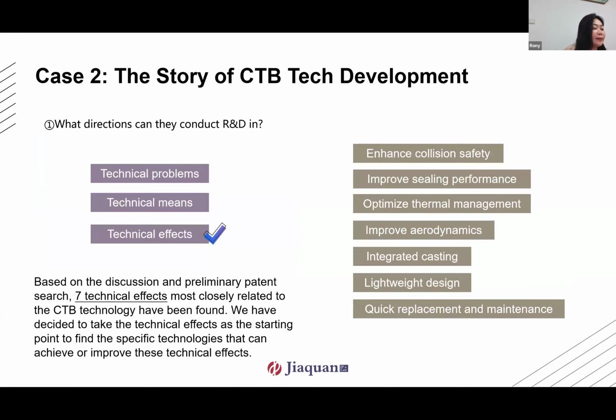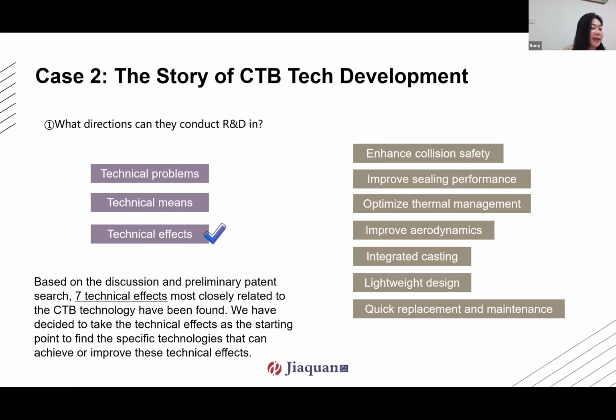When we were doing the patent analysis, we definitely needed to search for our target patents. In order to help clients determine in which directions they should conduct R&D, we should at least first understand what existing patents there are in the technical field of C2B and how they are distributed.